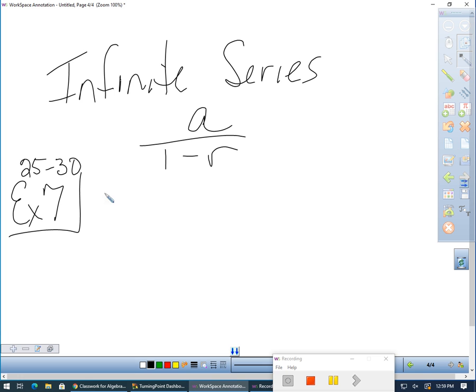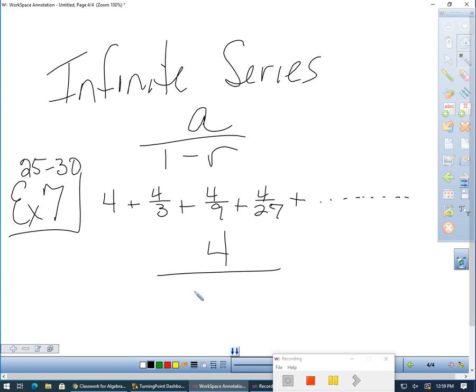So for example, if I have 4 plus 4/3 plus 4/9 plus 4 over 27 plus, and then dots that go forever, and I want to know what the sum is. You're going to use 4 over 1 minus r.